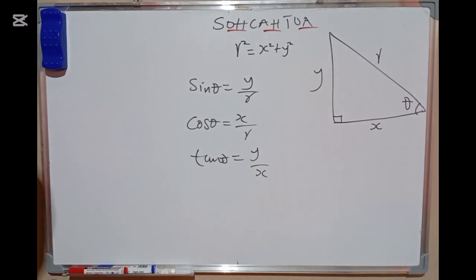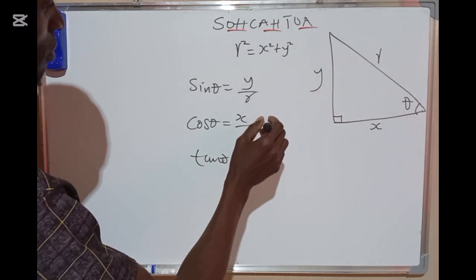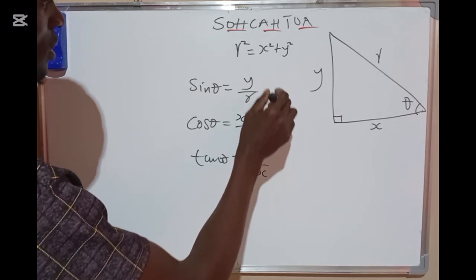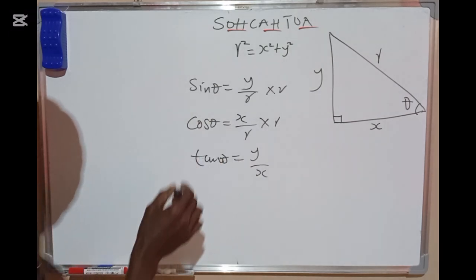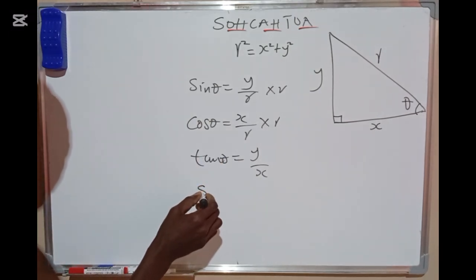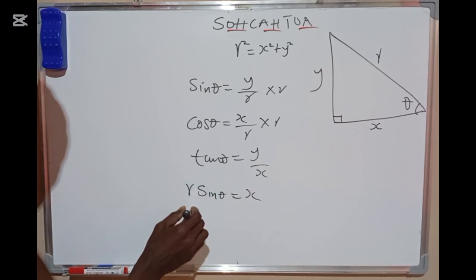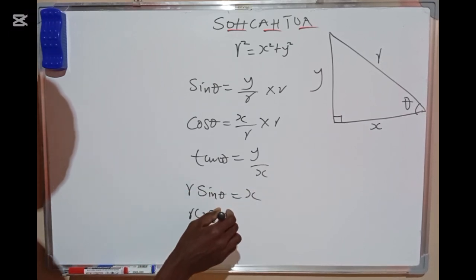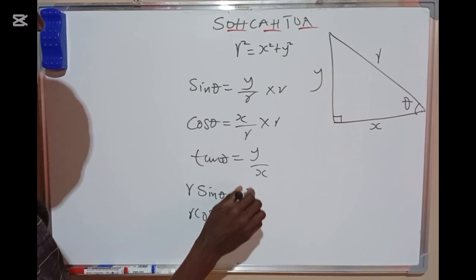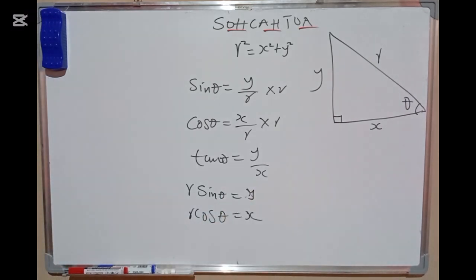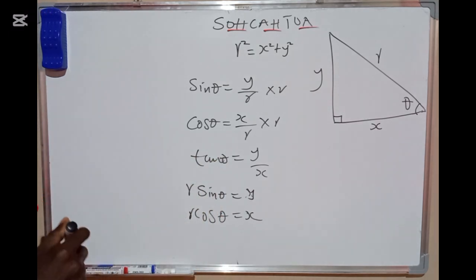So from this data, we can conclude that by multiplying both sides by r, for the first two, we will have r sine theta is equivalent to y, and r cosine theta is equal to x. R cos theta is x and r sine theta is y. Tan theta remains y all over x.